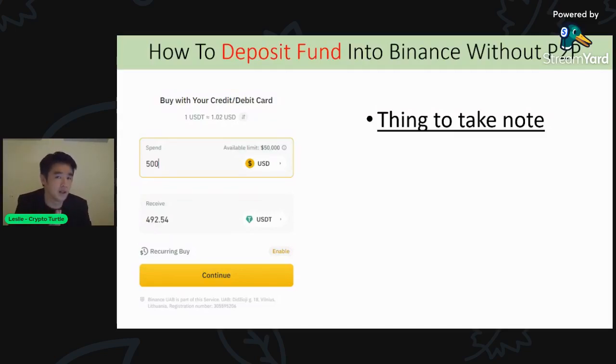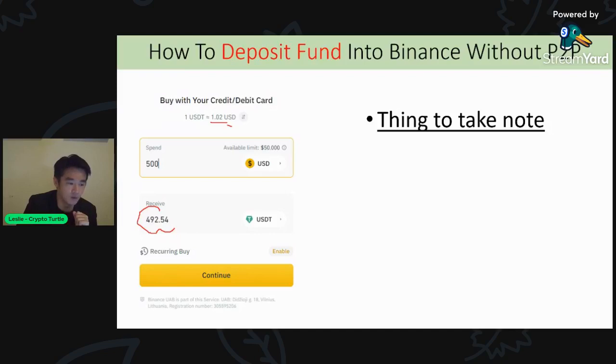But what difference does it have from this P2P? Some things to take note of. What you see is what you get. So if you pay 500 USD, you actually get 492.54 USDT. Of course, this is at the point of me testing it out, so this may vary a little bit here and there.